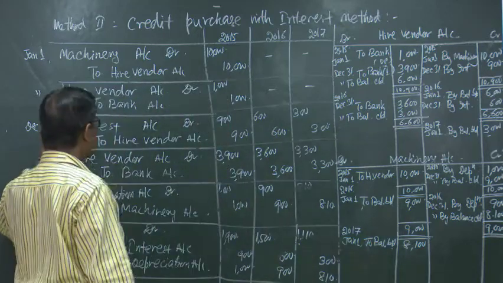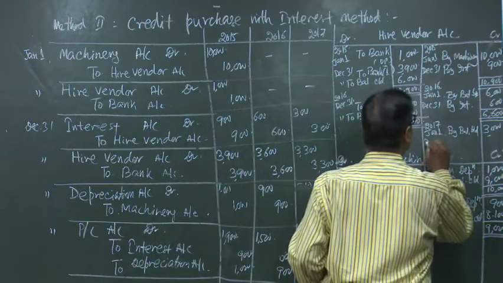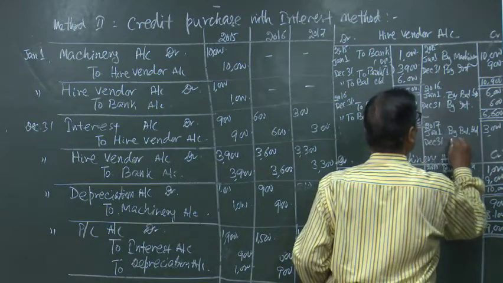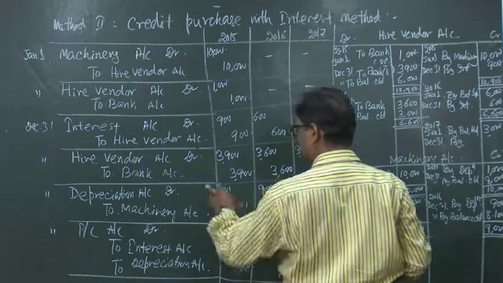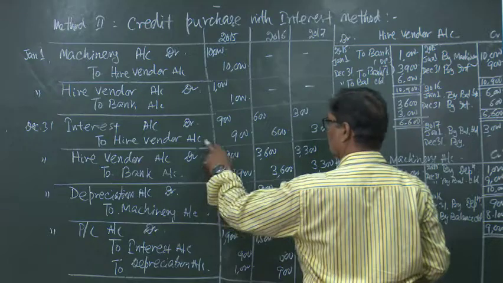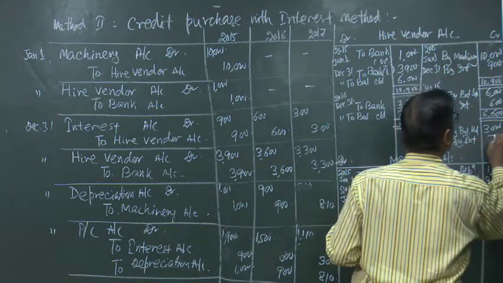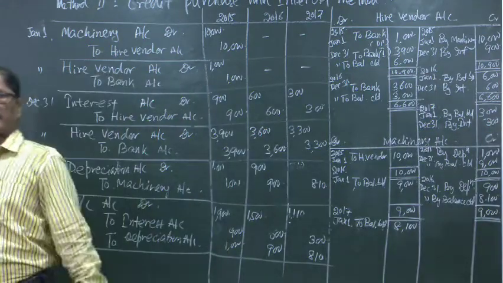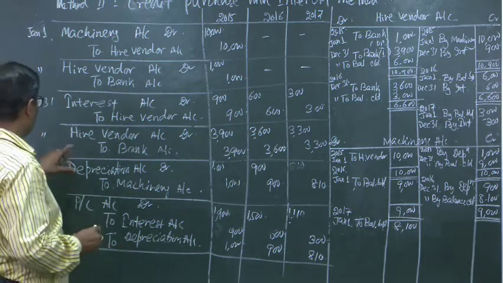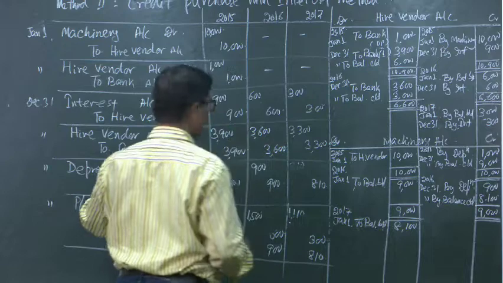First of all, interest account debited to hire vendor. So, December 31st, that is 2017, by interest account 300, by interest 300. This is over. Then the next entry is hire vendor account debited 3300 to bank account.